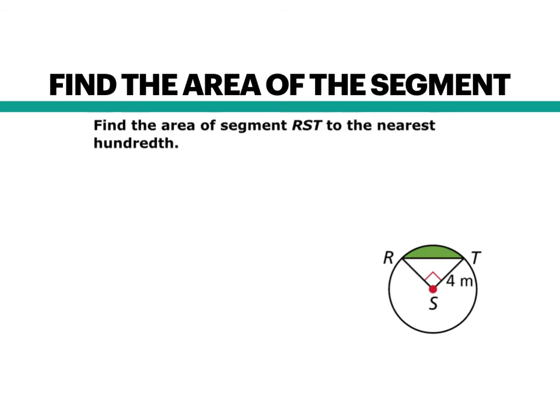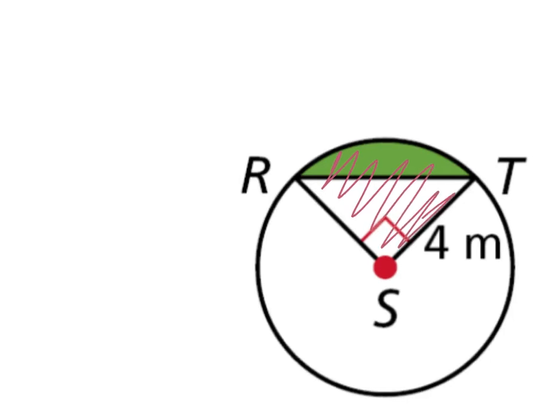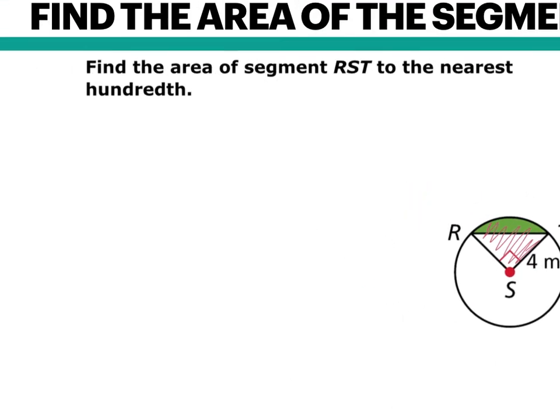So we're going to do the same thing. Find the area of segment RST to the nearest hundredth. So first thing we need to do is find our area of the sector, which is this whole part, and our area of the sector is pi r squared times the measure of the arc degrees over 360.